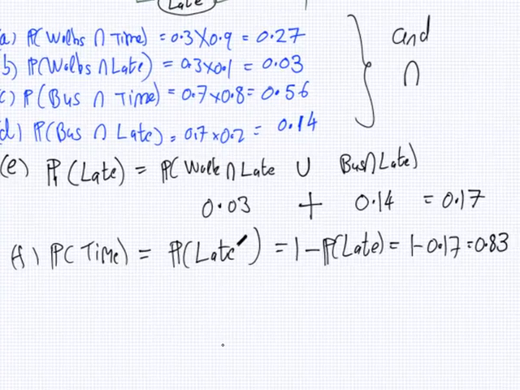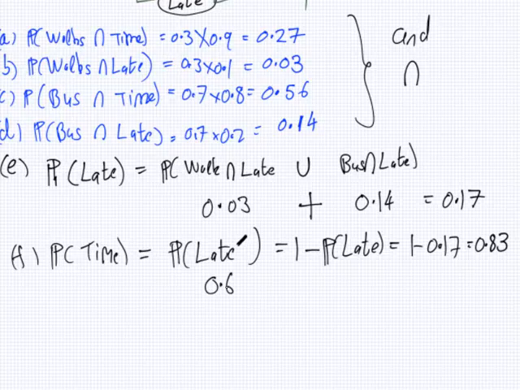Okay, we can write this one down. Why 1 minus? Because the total needs to make 1. So, for example, imagine there was a 0.6 chance of being late, then that means 0.4 chance of not being late. 0.9 being late, then that means 0.1 not being late.